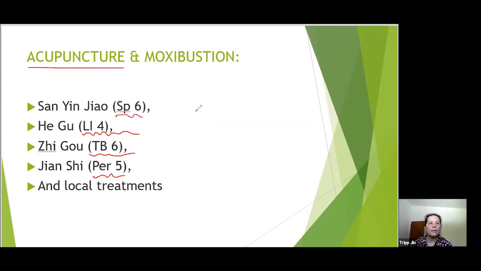And spleen 6. For myself, I like to use spleen 10 instead of spleen 6 for these conditions, because it moves blood more. And also bladder 17, still moving blood. This condition is especially caused by qi stagnation and blood stasis, so we need more points to move blood.